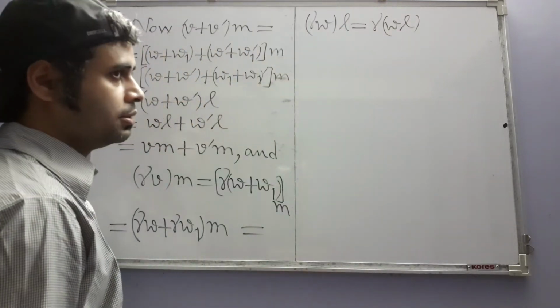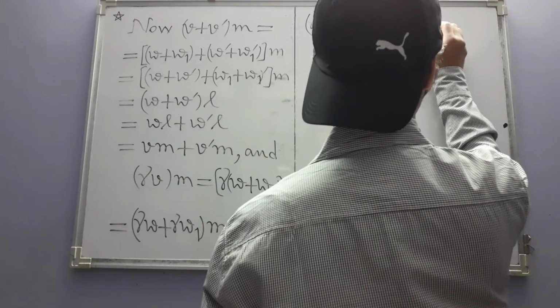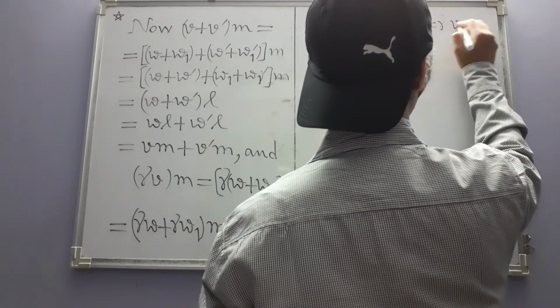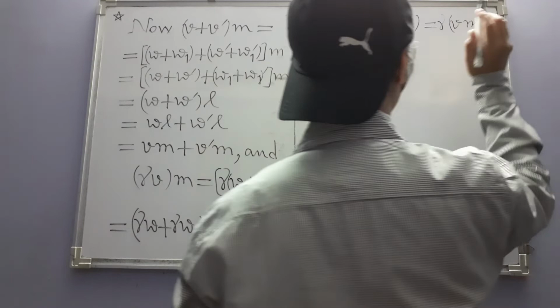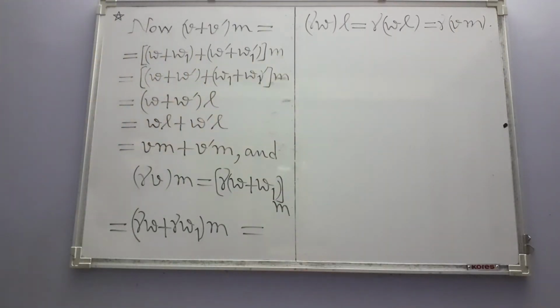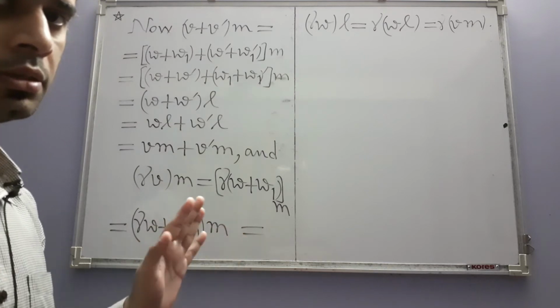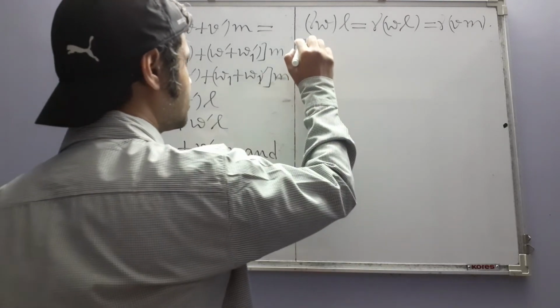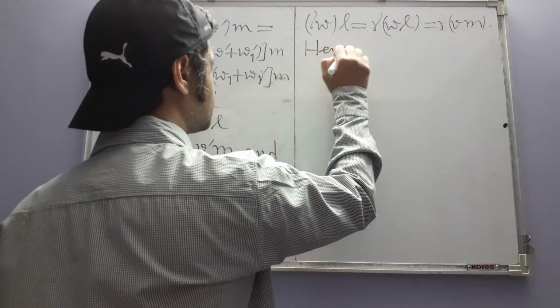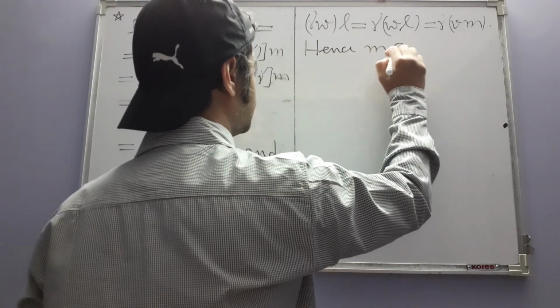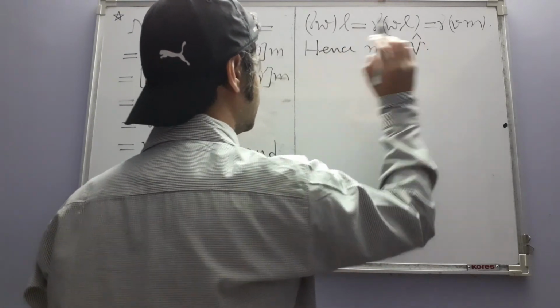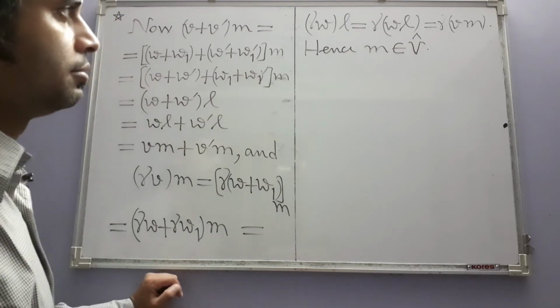So we have this, and which is equal to gamma times vM. So we have shown that M respects both addition and scalar multiplication. Hence, now we can say that M is a linear functional on V over F.